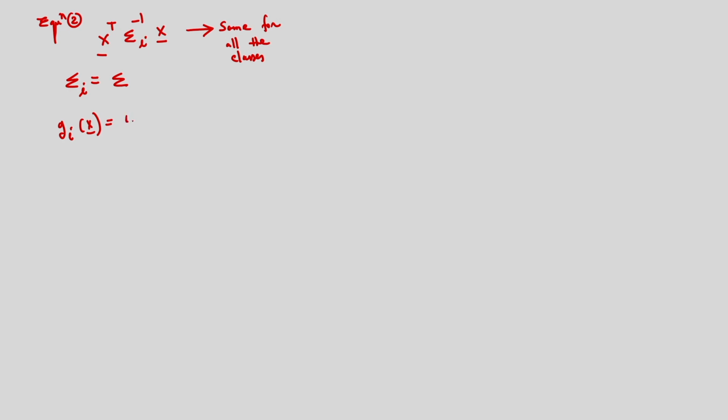gi(x) is equal to wi transpose x plus wi0. So this wi is called the weight vector, and this wi0 I can consider as the bias or the threshold.